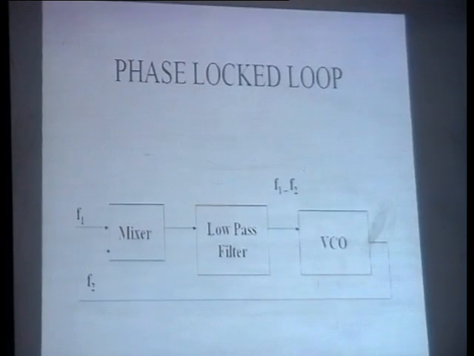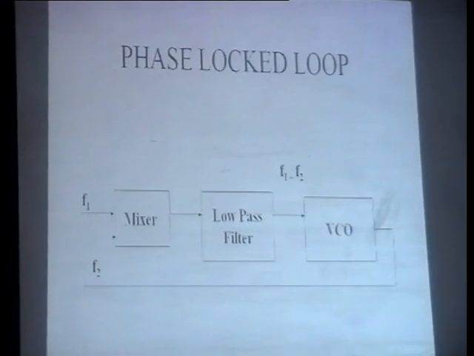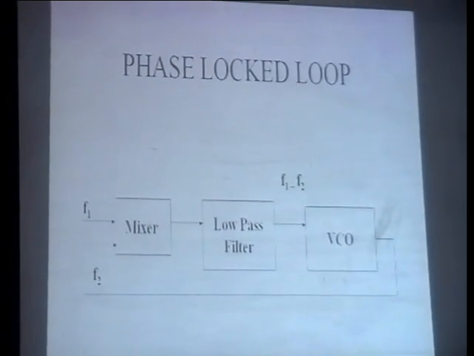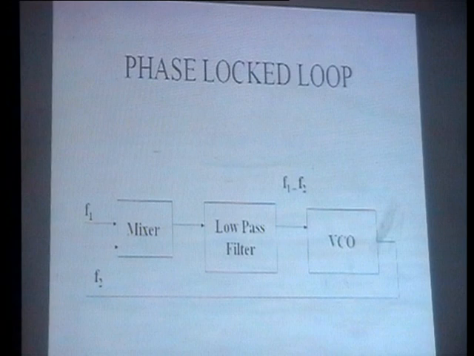Suppose you don't give any signal here, it is called free running state. Once you give a signal, it will take some time for V2 to capture the frequency of V1, because the frequency has to be updated. Then once F1 and F2 are equal, that is called locked state.